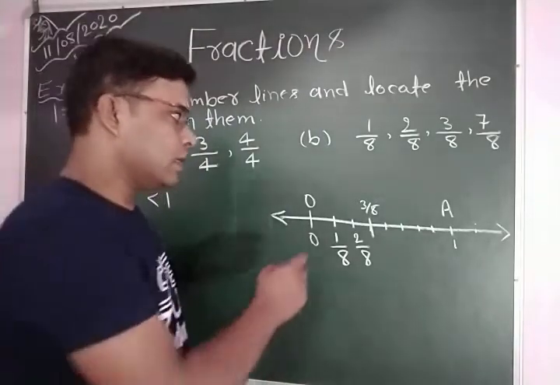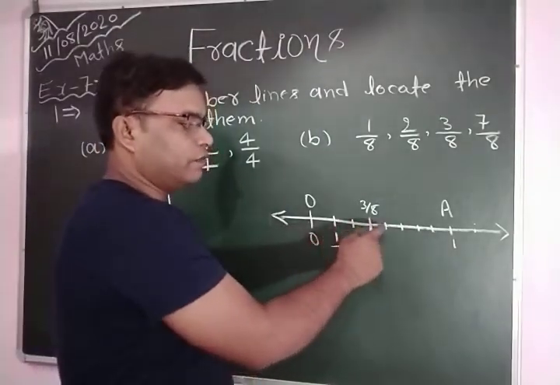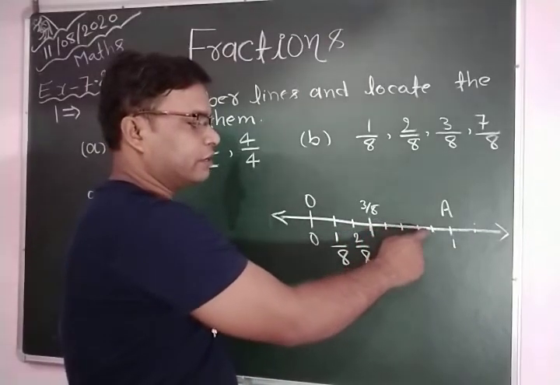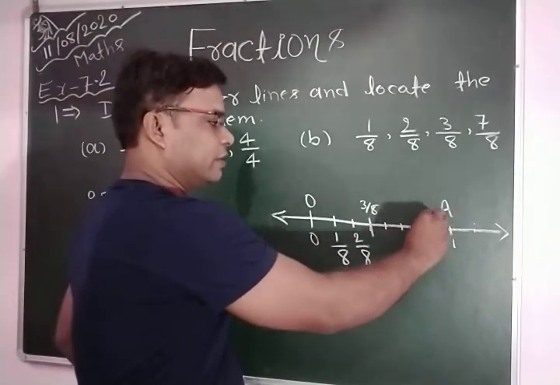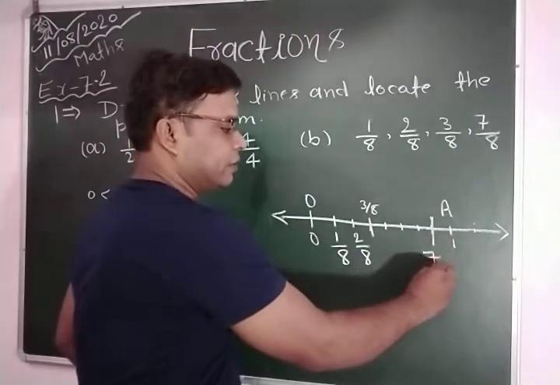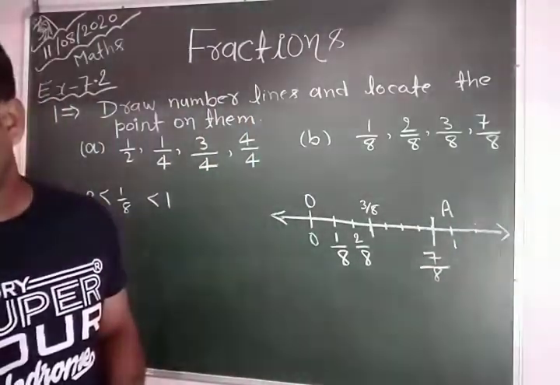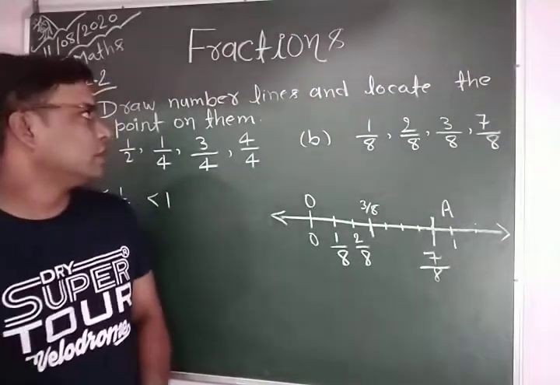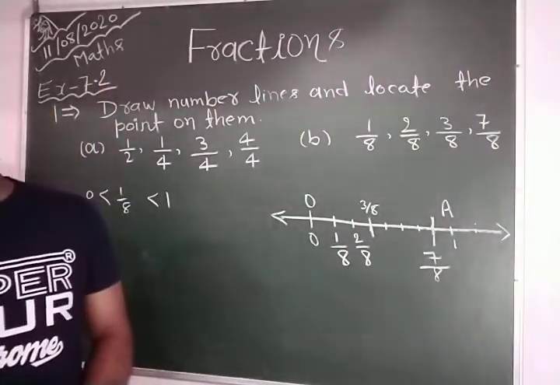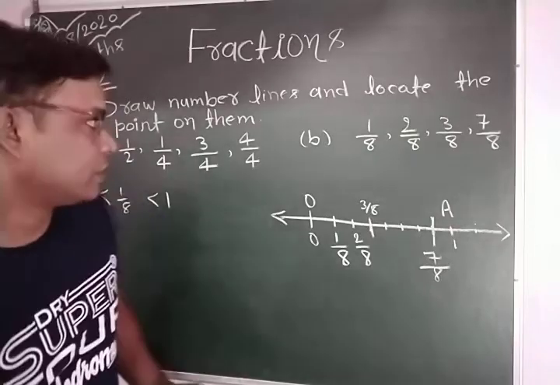Okay, 1 2 3 4 5 6 7. This part is 7 by 8. Okay, clear?